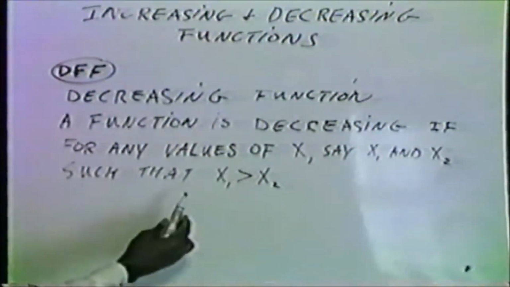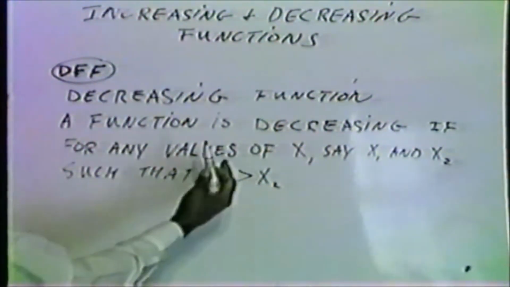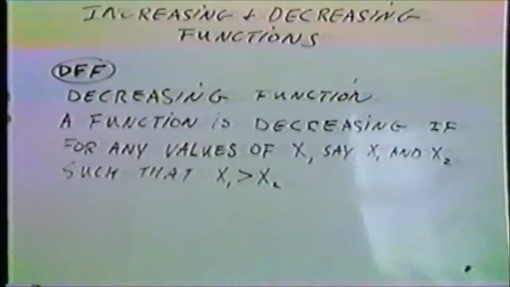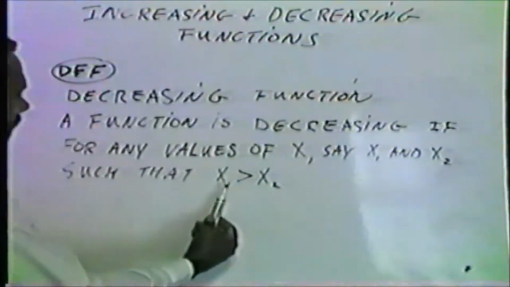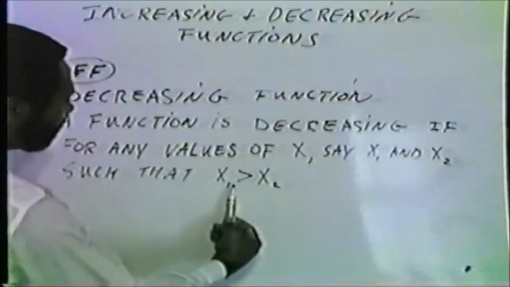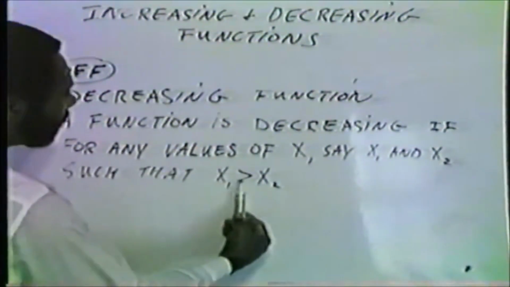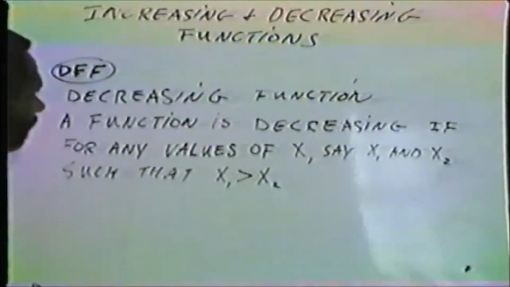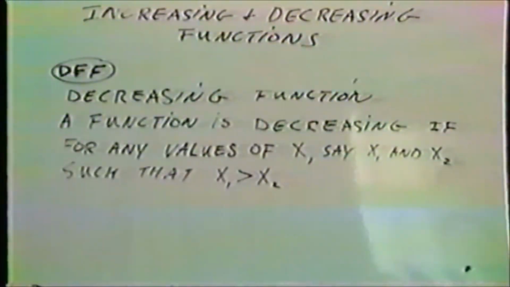So the definition of a decreasing function starts out just like the definition of an increasing function. You choose x of 1 and x of 2 so that x of 1, the first number, is greater than the second number. But it doesn't end up the same way as the definition of the increasing function.